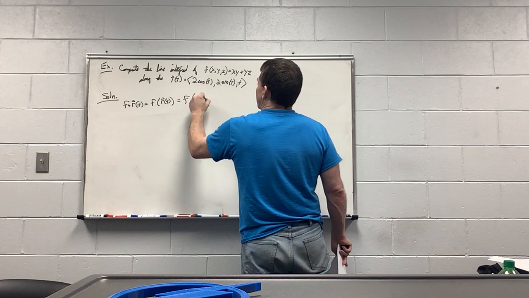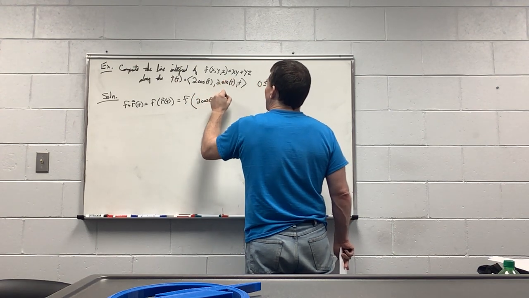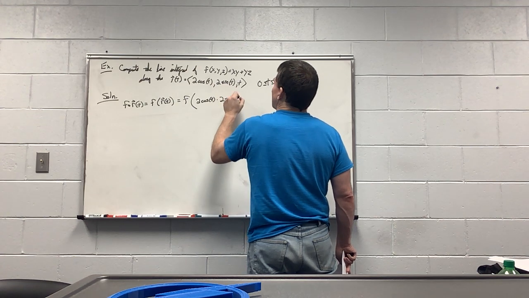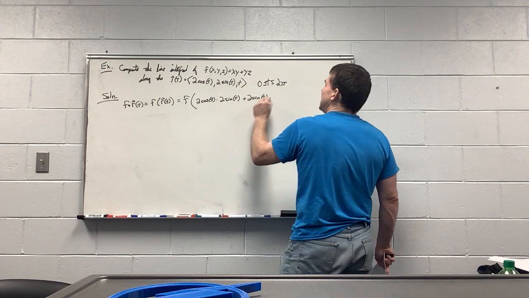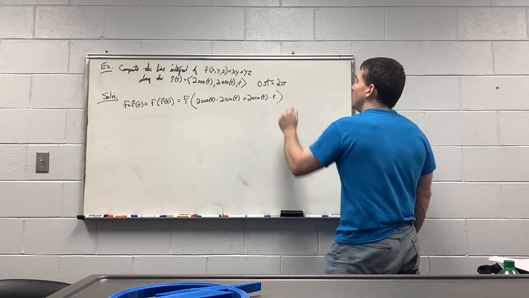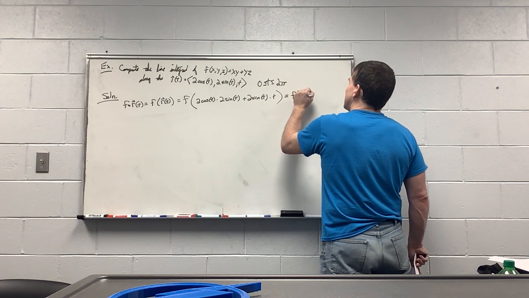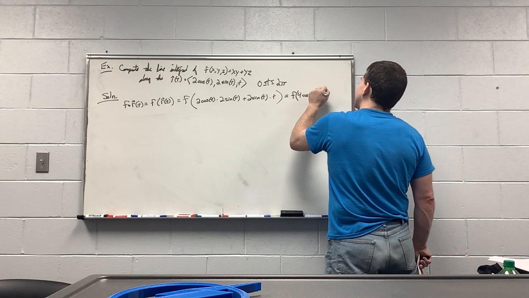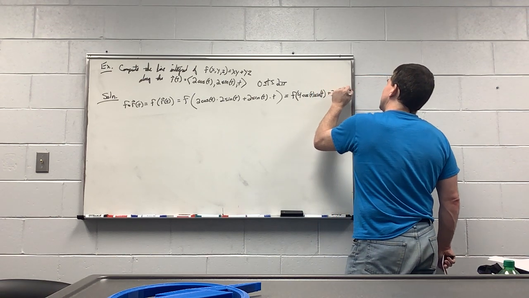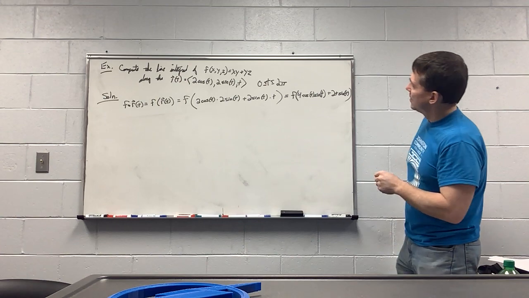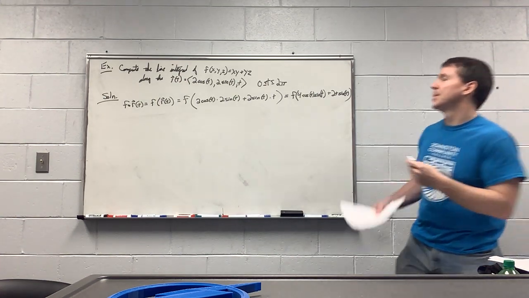I get 2 cosine t, x, times y, which is 2 sine t, plus y, which is 2 sine t, times z, which is t, which I can rewrite as 4 cosine t sine t plus 2t sine t. So now I have my function and my pullback that I need.